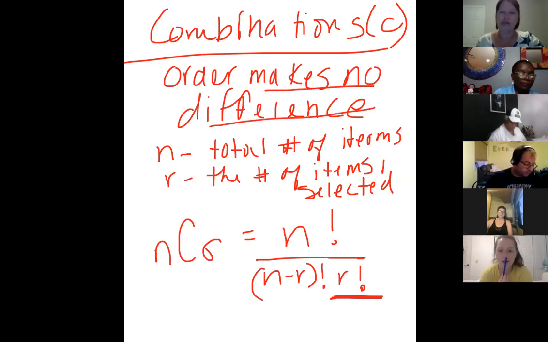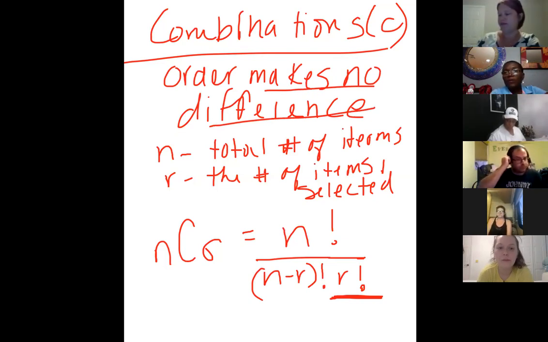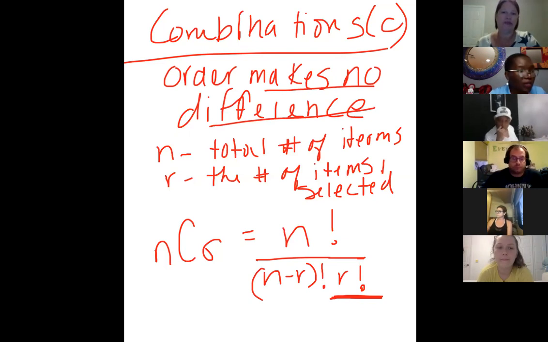Before, the order made a difference; here it doesn't. All right, guys. So this particular formula, be careful when you are simplifying with it, because on the calculator, when you type this in, it's going to be a little tricky. I'll show you guys how to get around it, okay?